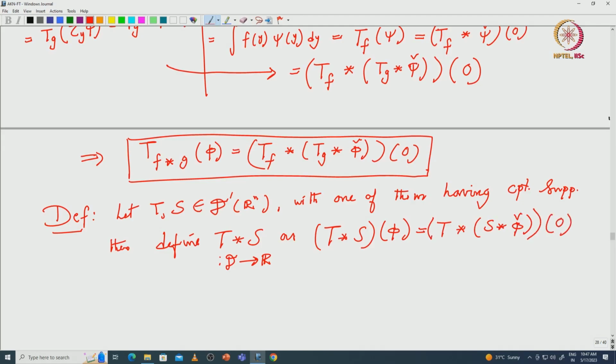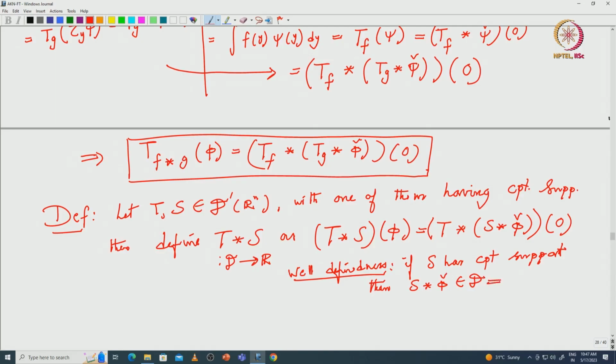So, let us look at the well definedness. You have to always see the well definedness of that. If S has compact support, then you already know by the previous proposition S star phi tilde is in D of Rn.